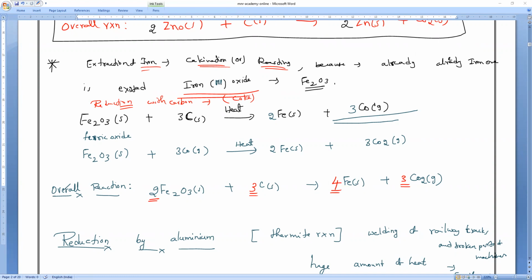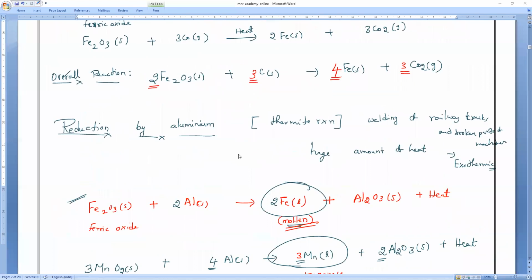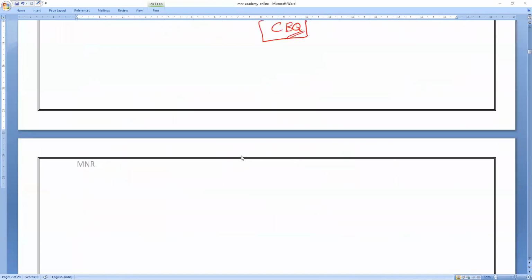So next we are going to study extraction of what? The third kind of metals. What are the third metals, everybody? Extraction of metals which are high up in the activity series.